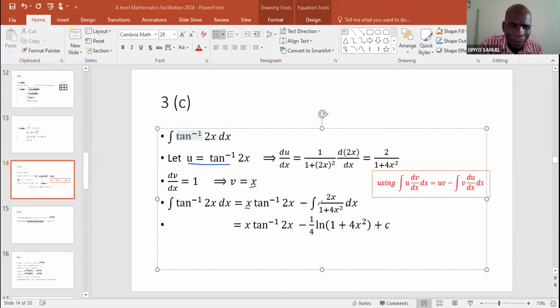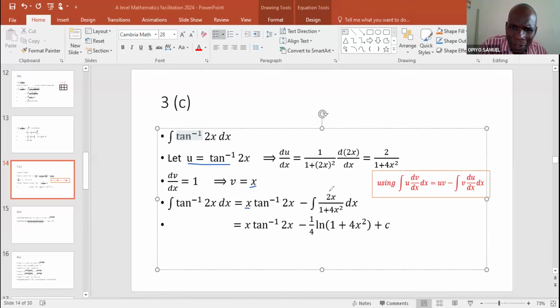Now from this point, you can see that the simplest way to do this is to look at the denominator. The denominator, when you differentiate, you get 4x. But up here we have only 2x, which means there's some missing term. I think I will make a correction here. When I differentiate this, I get 8x.